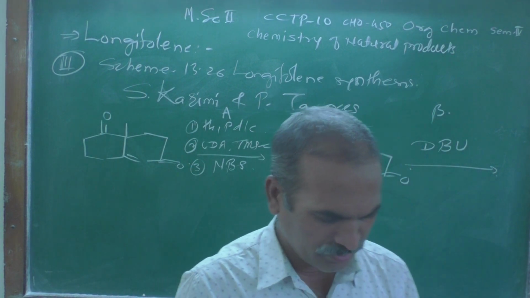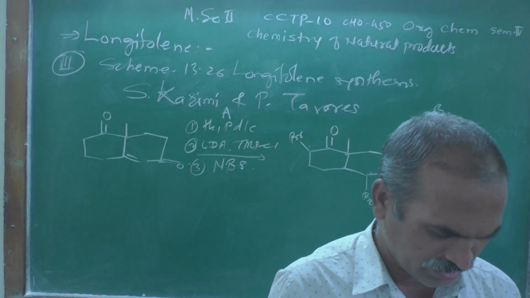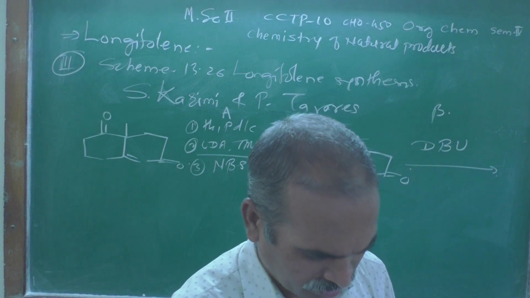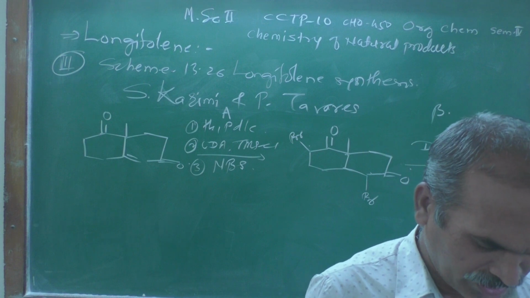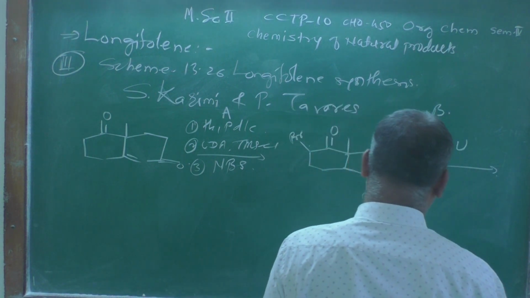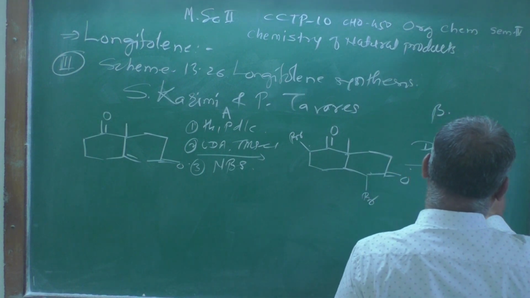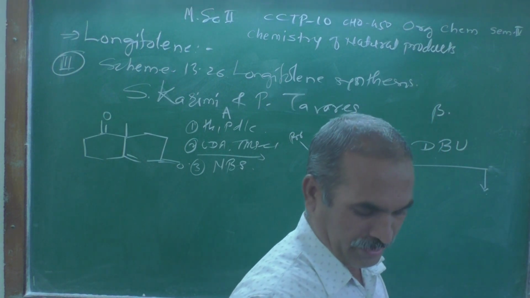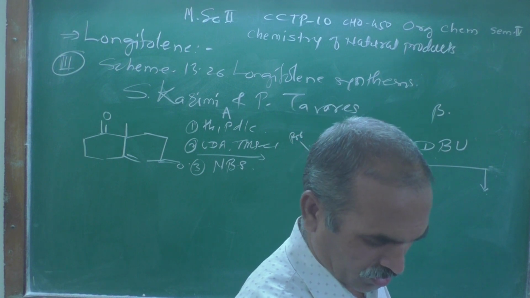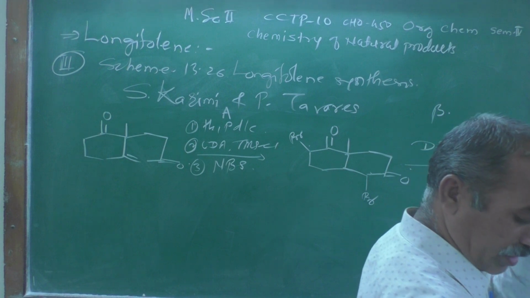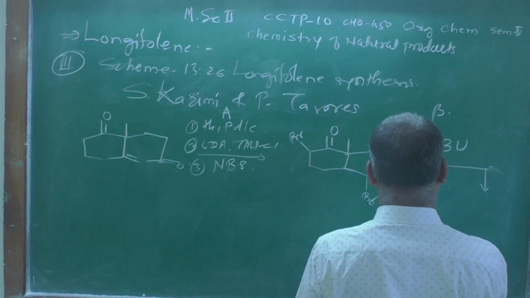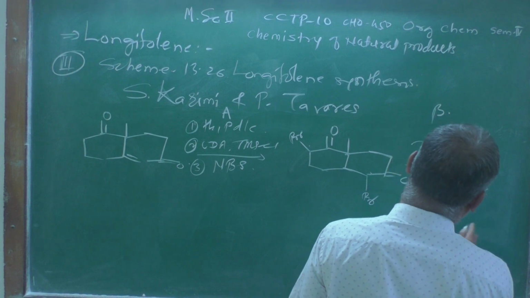The full form of DBU is 1,8-diazabicycloundec-7-ene. And after using DBU, the product obtained will be like this. Let us see how the product is obtained over here.